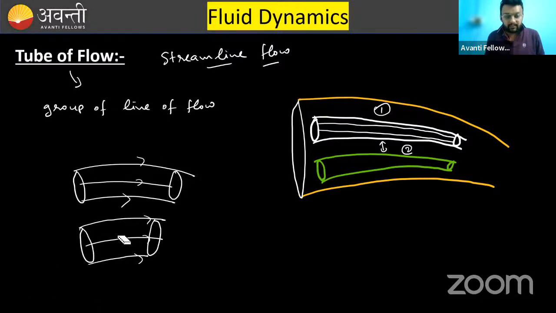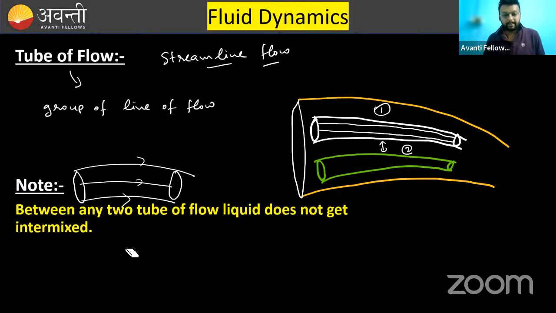That is our punchline. What is the punchline? Between any two tubes of flow, liquid does not get intermixed. That means the mass of the liquid in a tube remains constant.